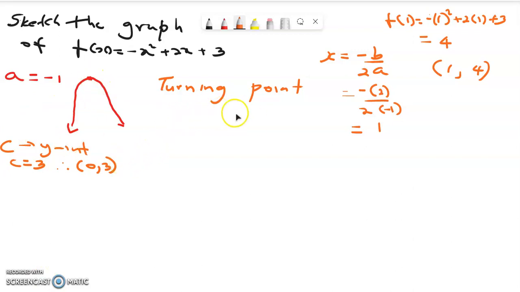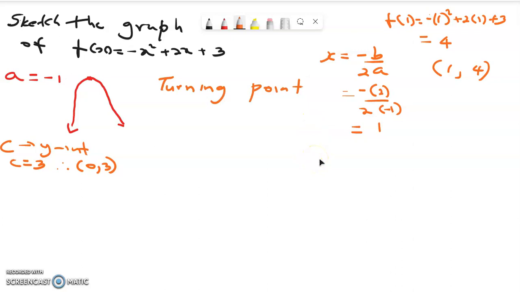And to calculate the turning point here, we are going to use the formula which says x is equals to -b over 2a. In this case b is equals to 2, then a is equals to -1, so the value of x is 1. So x of the turning point is equals to 1.